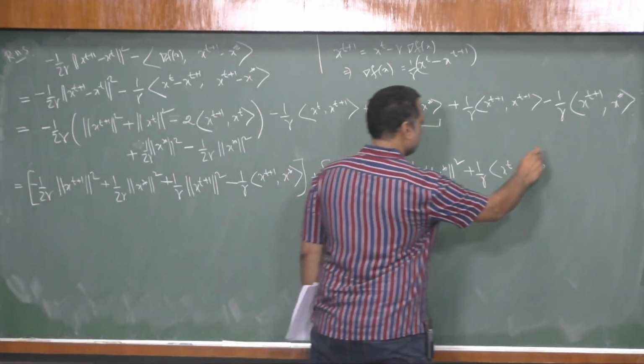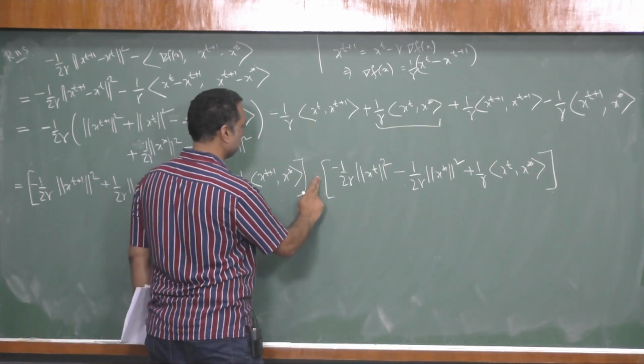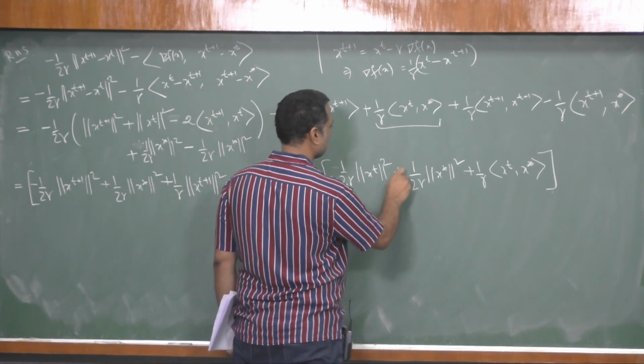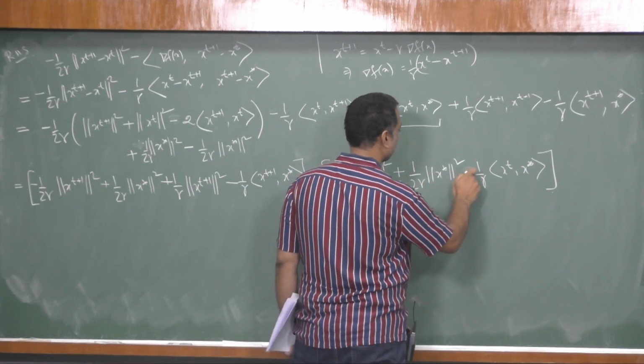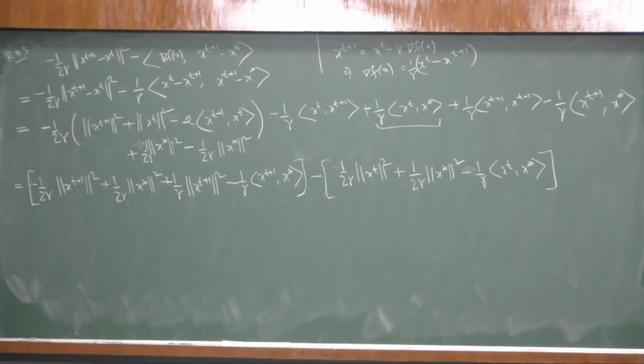In fact, if I take a negative here, so let us do that. If we take a negative here, this guy goes away, this becomes a plus, and this becomes a minus. So this is exactly the 1 by 2 gamma minus 1 by 2 gamma norm of xt minus x star whole square. That's done. And this guy, let us look into this. So I have this and this.